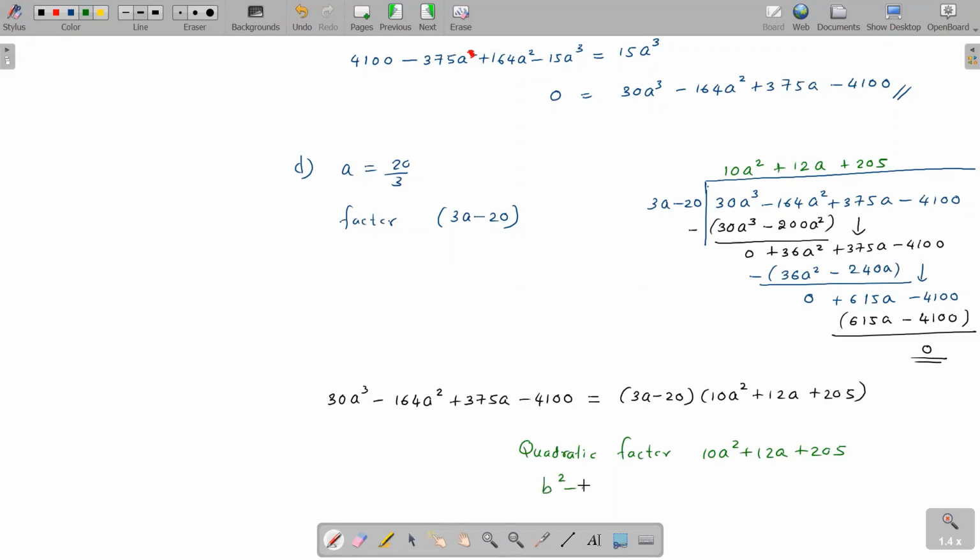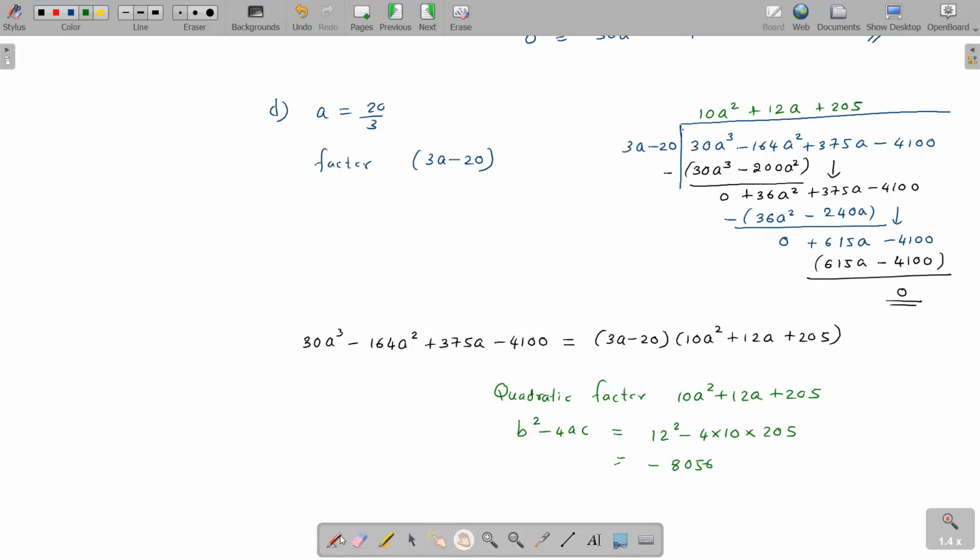So B square minus 4AC is 12 square minus 4 into A is 10, C is 205, how much is it? Minus 8056. Okay, is that correct? Check and see. 12 square minus 4 into 10 into 205, which is less than 0.